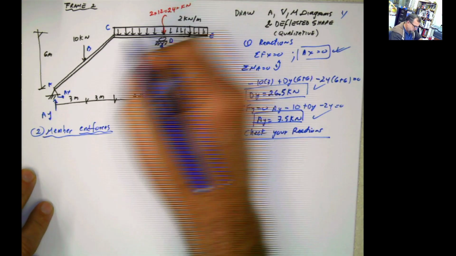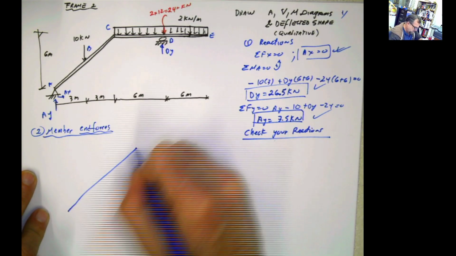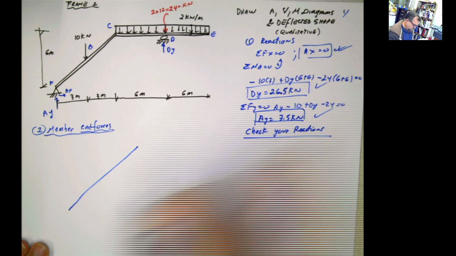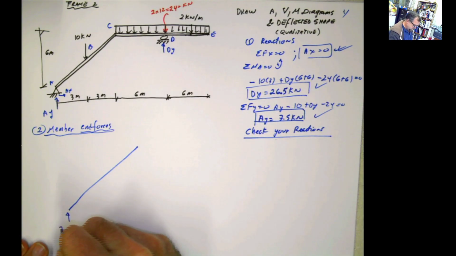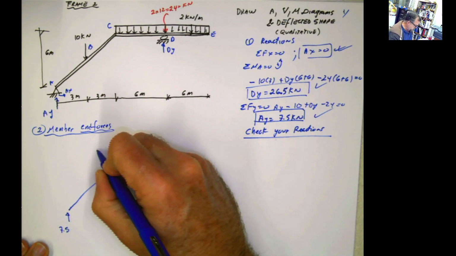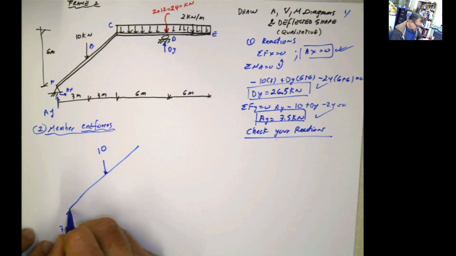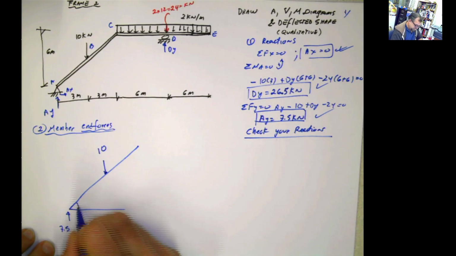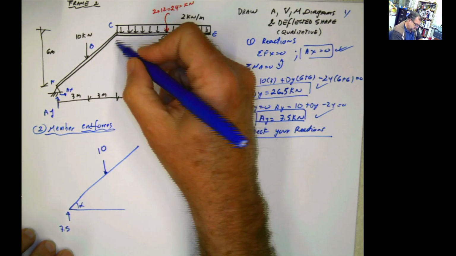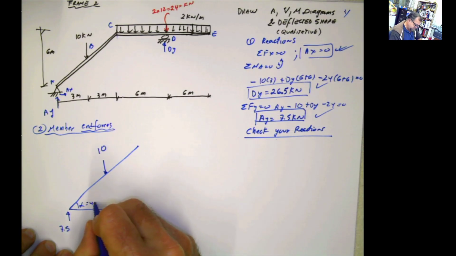So let's get these out of the system, which is, by the way, why I wanted to do this. And then I have this 7.5 acting here, and then I have this 10 acting here. And I'm going to need this angle alpha, which is 6 divided by 6, so alpha is equal to 45 degrees.